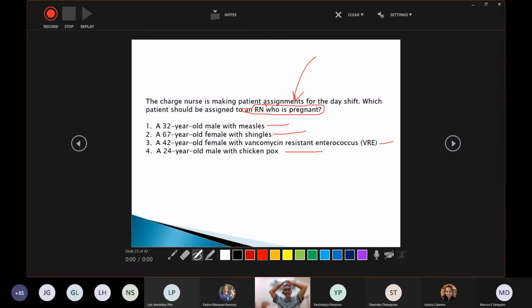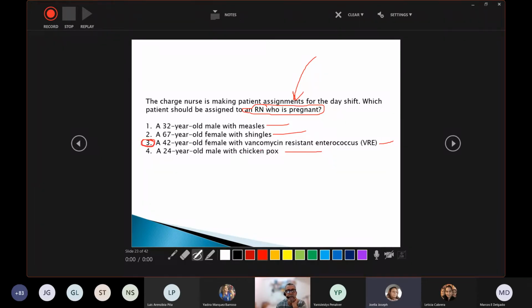Which one do you think is the least risky for this baby? C. Yes, 3 is the one that brings the least risk to this nurse.